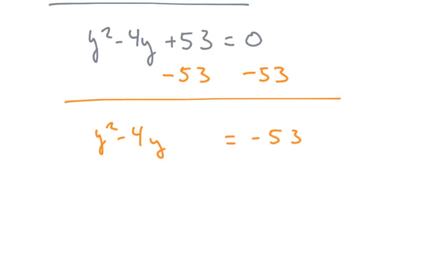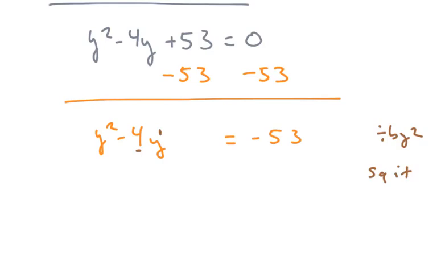Now, completing the square means you take the coefficient in front of the variable that is raised to the first power, so in this case the negative 4, and you divide by 2, and then you square your result.